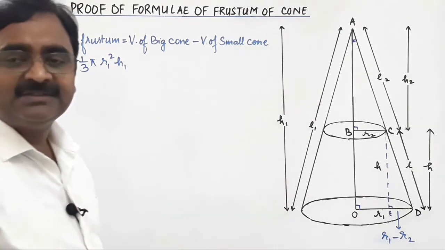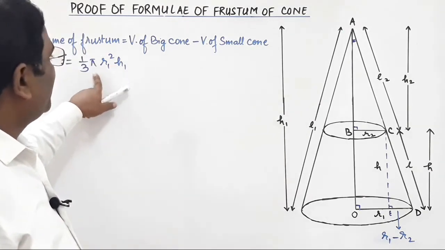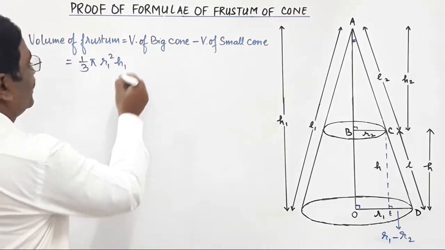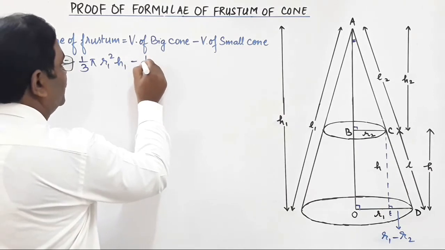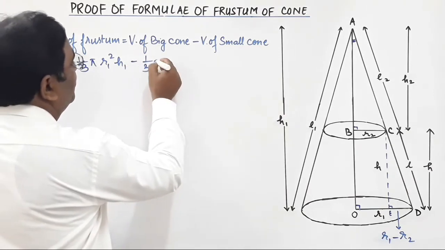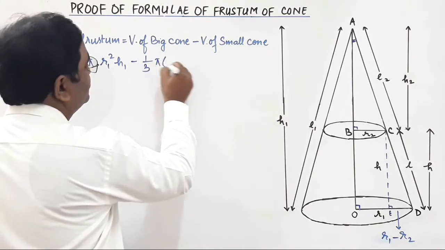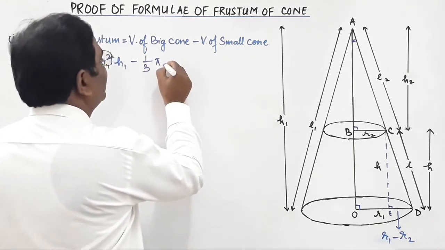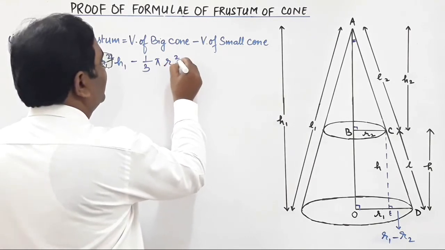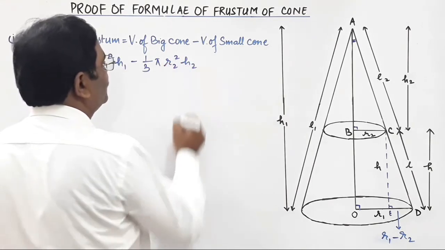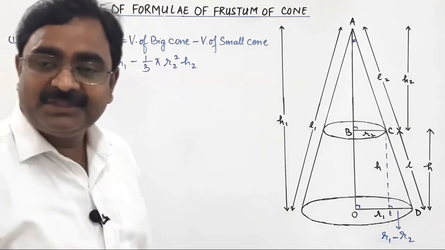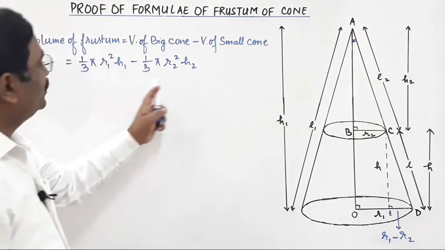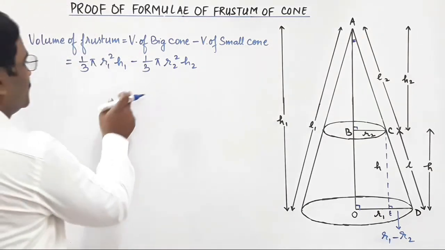This is the formula. 1/3 pi r1 square into h1, minus 1/3 pi, this is the volume of the smaller cone, 1/3 pi R2 square into H2. Understood? Any problem? Right.